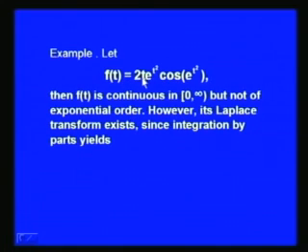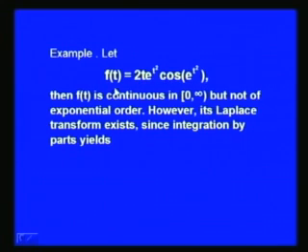Now, let us take an example of a function which is not of exponential order, but still its Laplace transform exists. f(t) is equal to 2t e to the power t square cos of e to the power t square. You can see that it is not of exponential order. Now, we can see that t, e to the power t square, and cos of e to the power t square are all continuous functions.